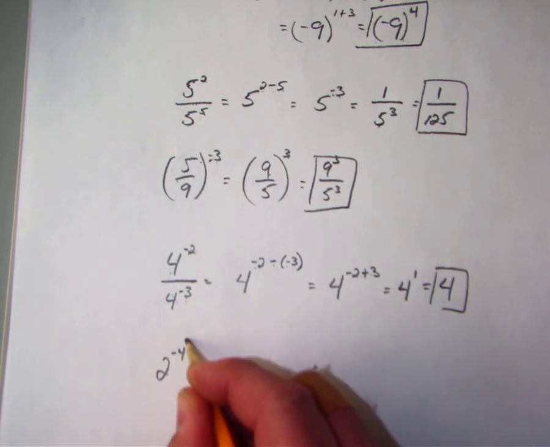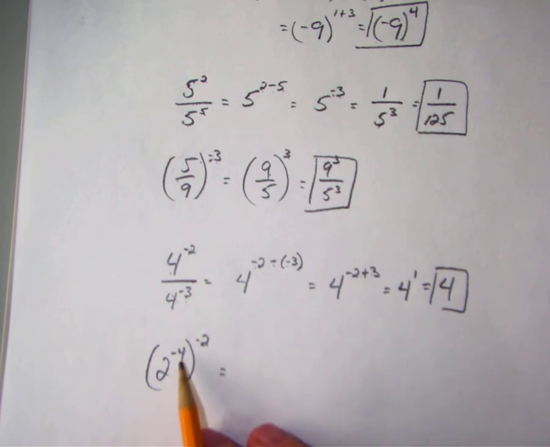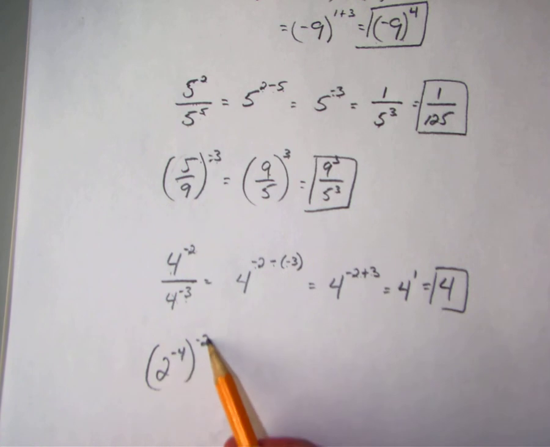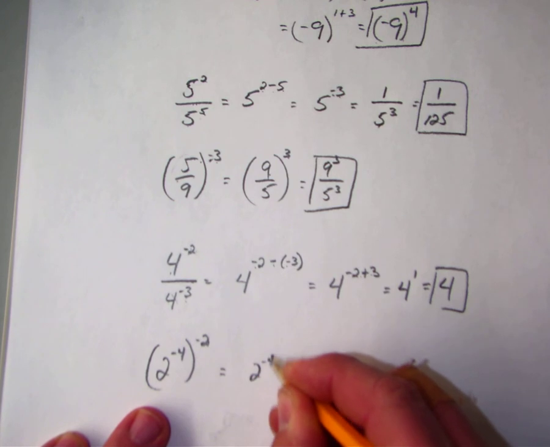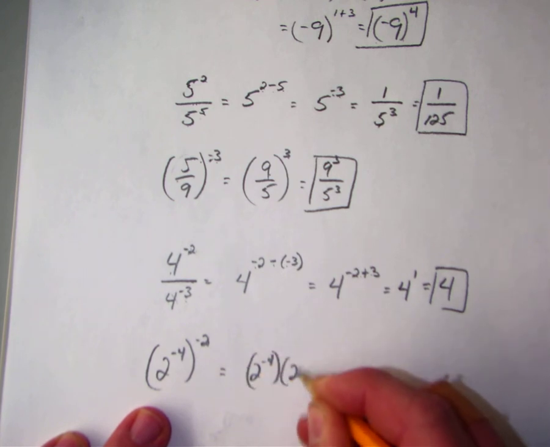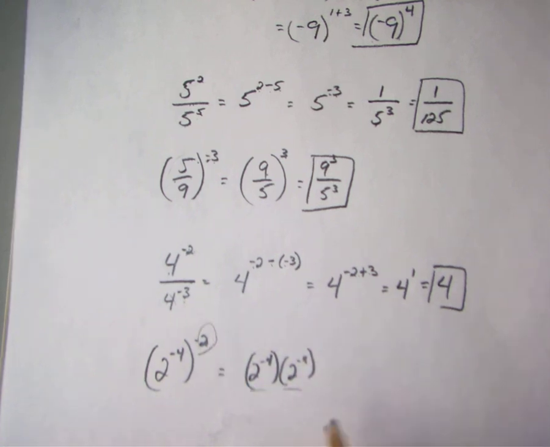Now, negative 2 to the negative 4, all to the negative 2. Now this is a power of a power property. So I got an exponent that has its own exponent. I showed you 2 ways of doing this. We could do negative 2 to the negative 4th times negative 2 to the negative 4th, so there's 2.